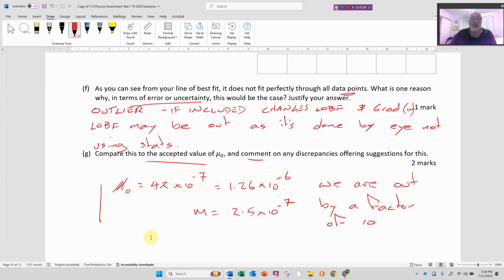Now, suggestions for this, there could be lots. Our line of best fit gradient is not exact.